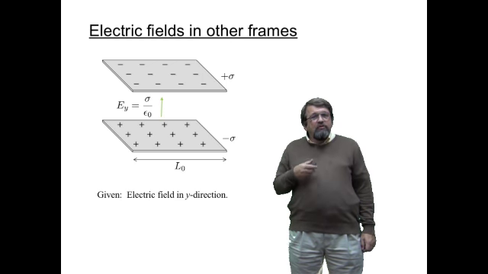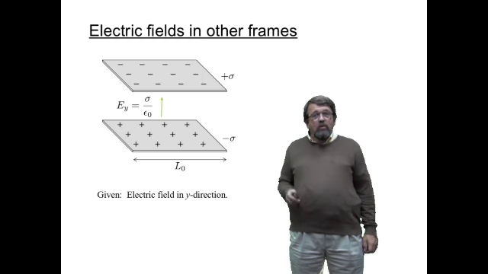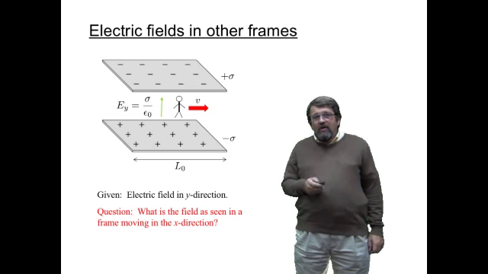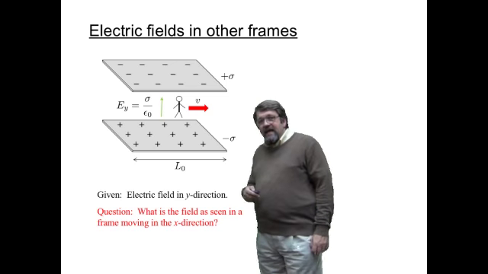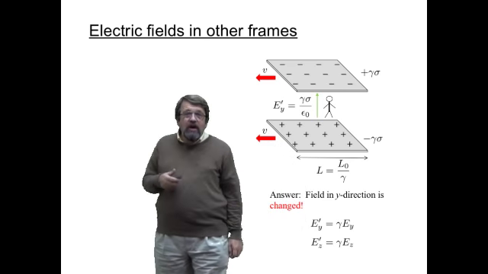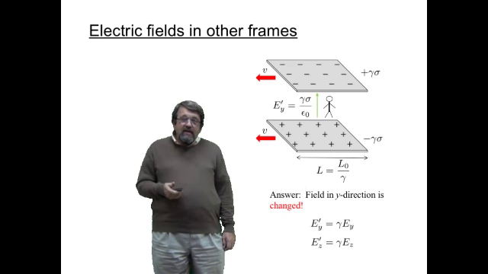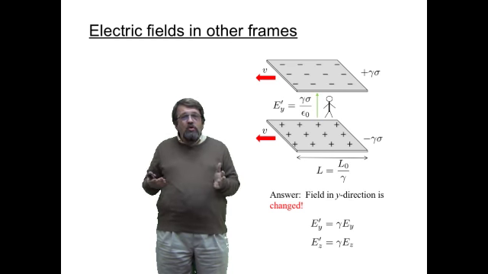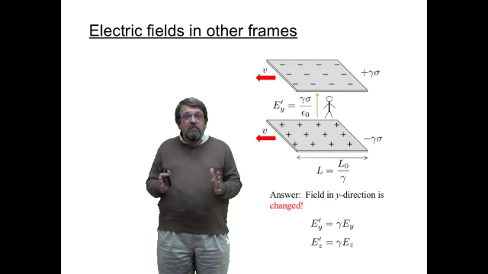What happens if we now look at it from the point of view of our observer who's moving in the y direction? Well, of course, now when the observer looks at the plates, they are moving. And because they are moving, they undergo length contraction. So the same total charge on the plates occupies a smaller area, an area that's smaller by the factor gamma.